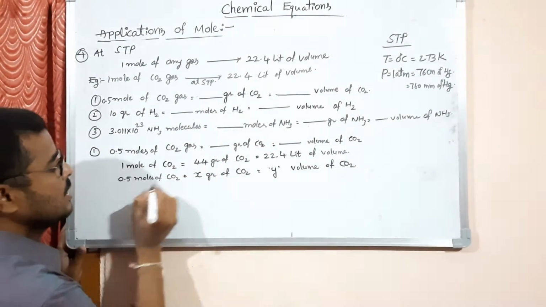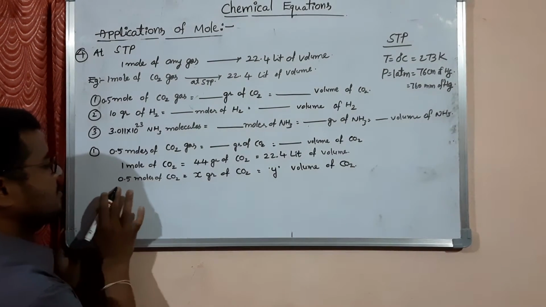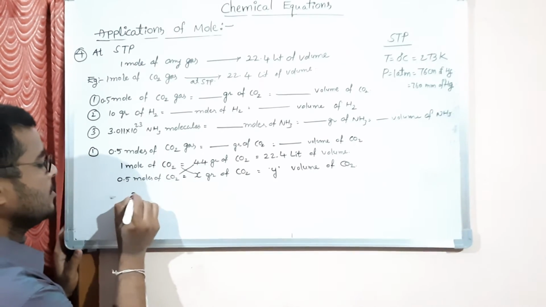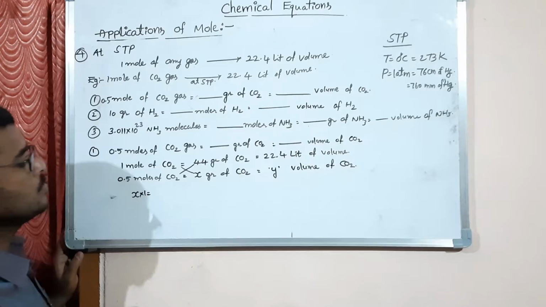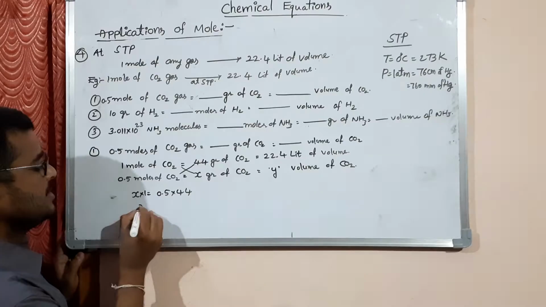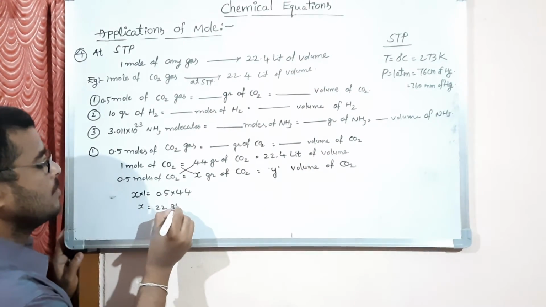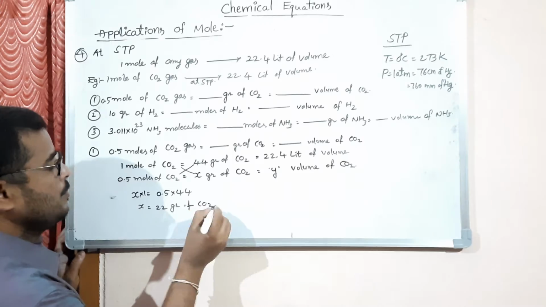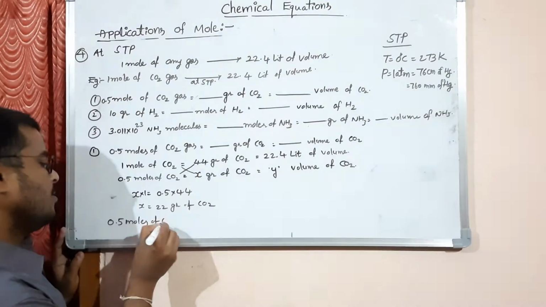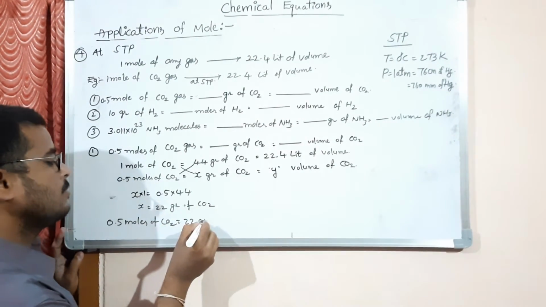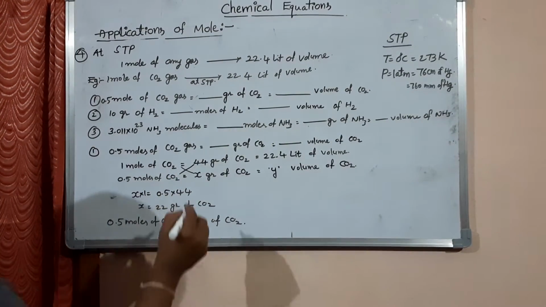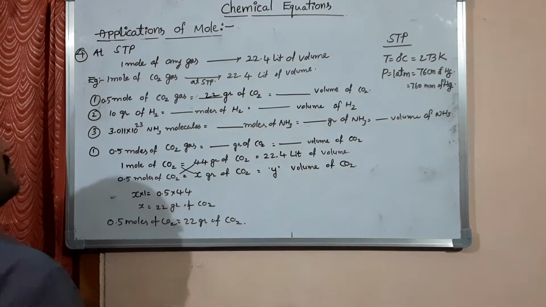Here, cross multiply: x into 1 is equal to 0.5 into 44, means x is equal to 22 grams. 22 grams of CO2, means here 0.5 moles of CO2 is equal to 22 grams of CO2. Now the first question is over. How many grams of CO2 here? 22 grams of CO2. Over.